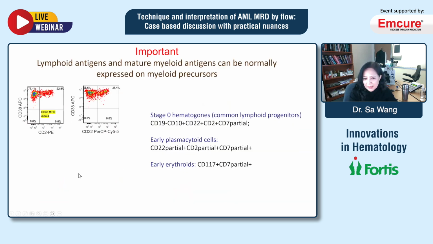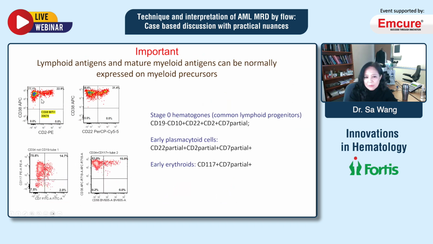But even with lymphoid antigens, you have to know that a normal myeloid precursor can express CD2 and CD22. That's why we removed CD2 from the AML-MRD panel. This can actually be seen in stage 0 hematogones, the so-called common lymphoid progenitors, and early plasmacytoid dendritic cells.